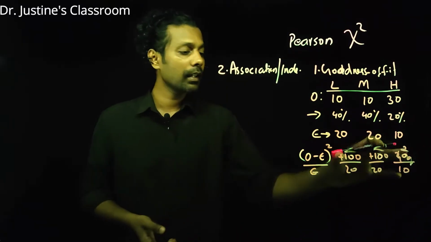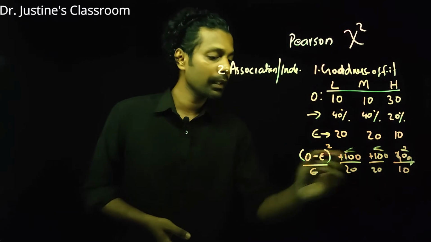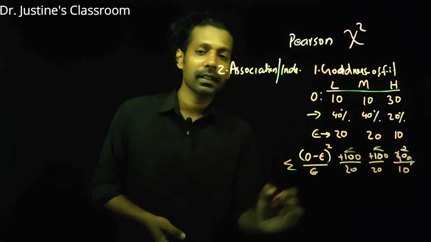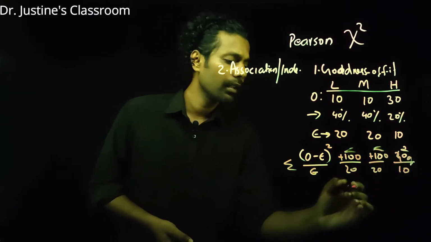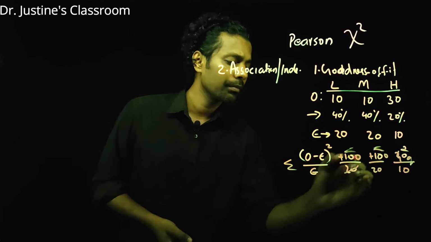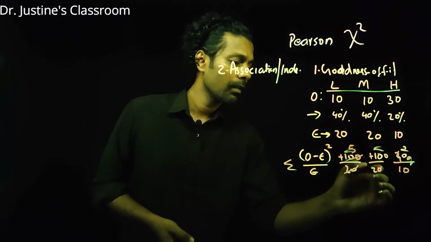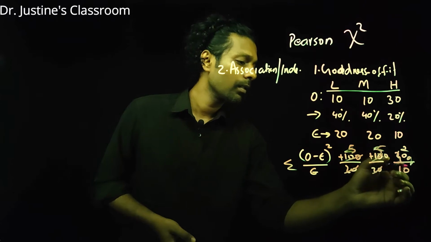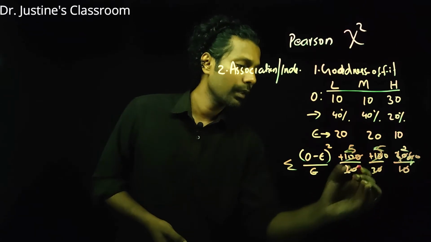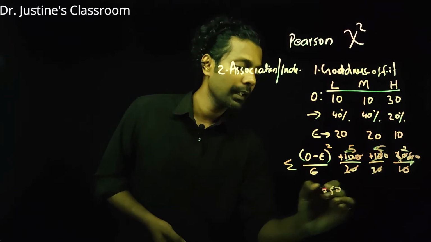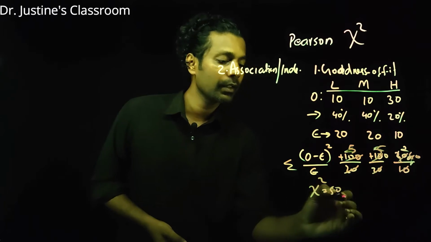See that? These are my scores here, and I will find the sum of it, that means add all this data. It would be 5, 5 and 40, so you get 50 together. So this is the chi-square value, 50.